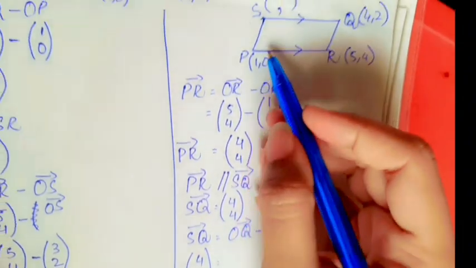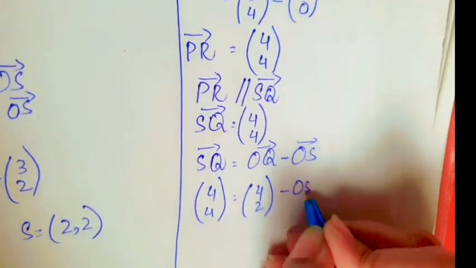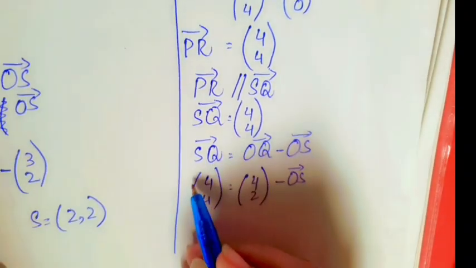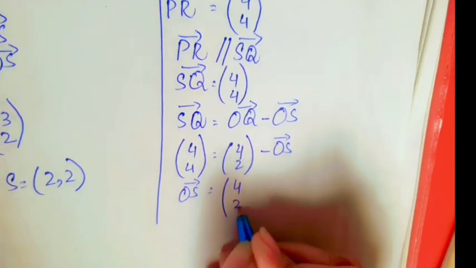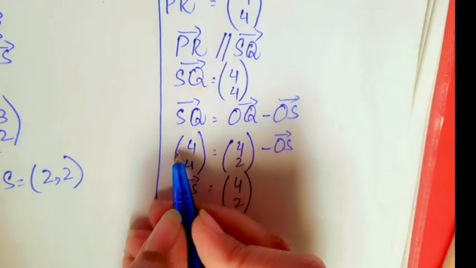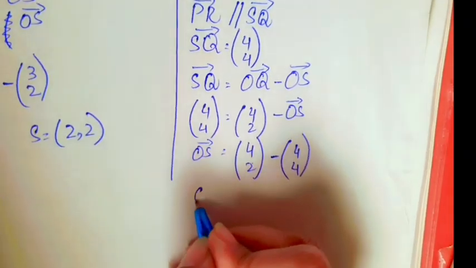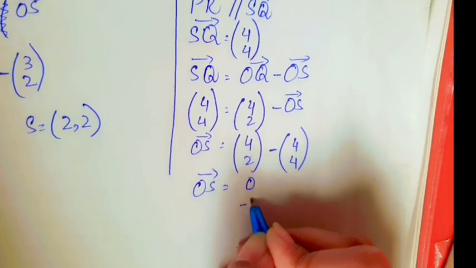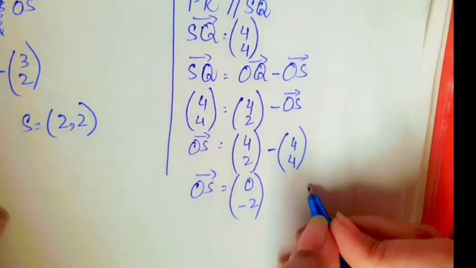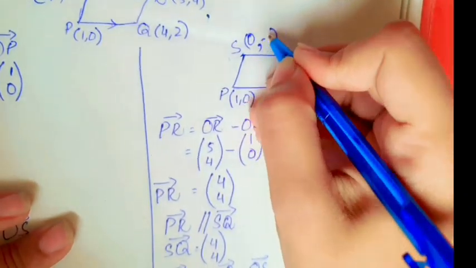OQ is (4,2), and we don't know OS, so I'm writing it as it is. I'm shifting this over this side so it can be positive. I'm writing equal to as it is, (4,2) same, and now I'm shifting (4,4) over this side, so it would be negative. So OS is equal to 4 minus 4 is 0, 2 minus 4 is minus 2. So the coordinates of S are (0,-2).